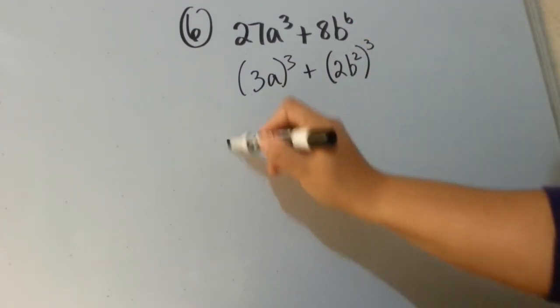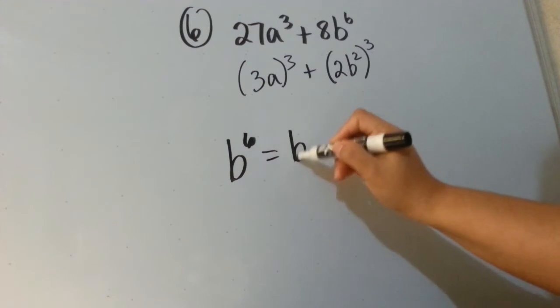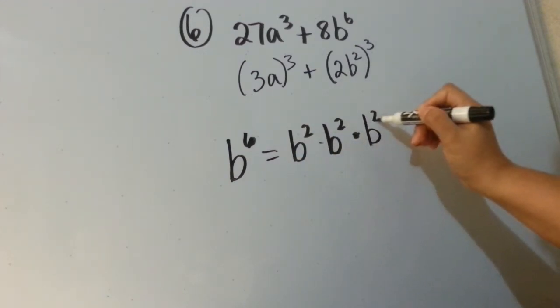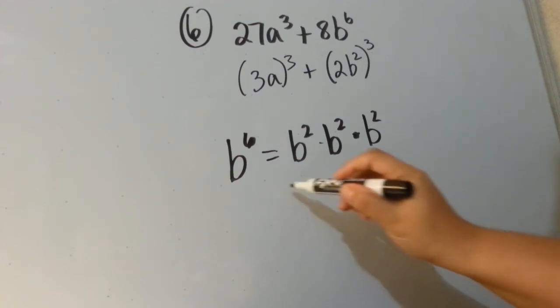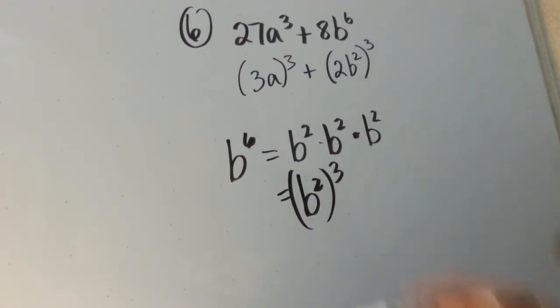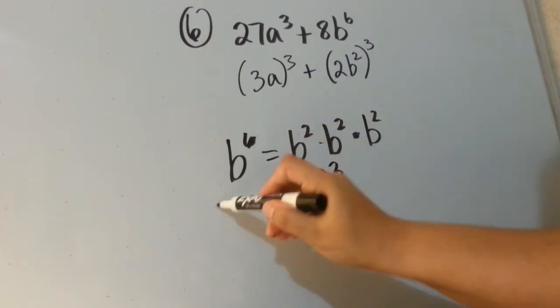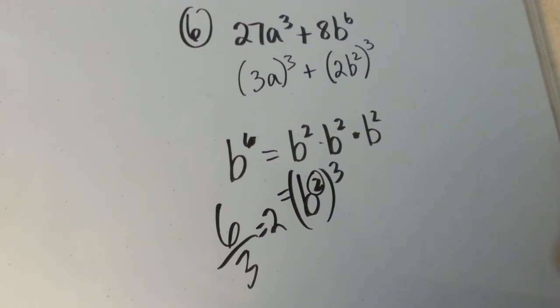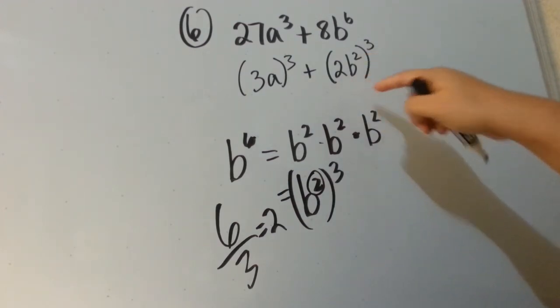How do I know from b to the 6? Well, because it takes b squared times b squared times b squared to give me b to the 6. So this is essentially b squared cubed. See? Take the 6, divide it by 3, and you get 2. b squared is the base.